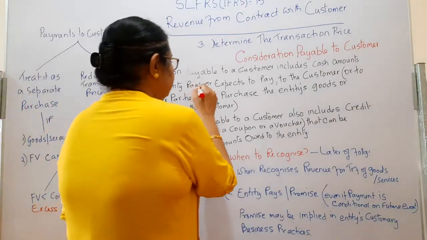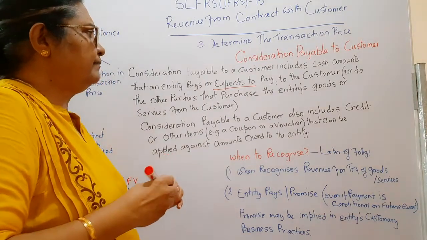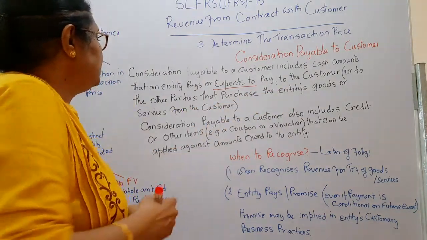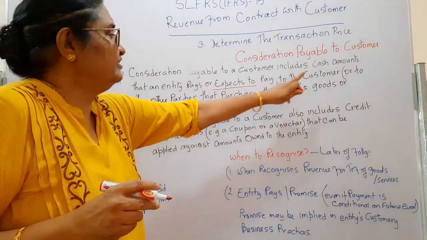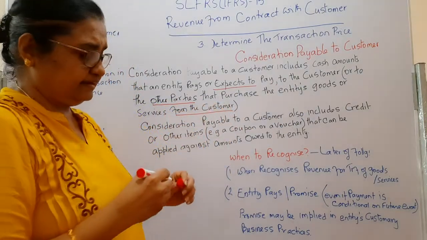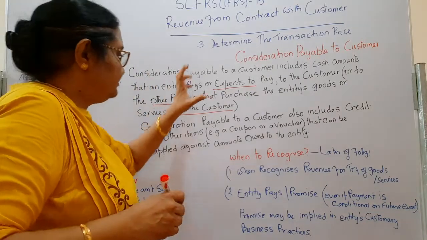When he decides or is thinking of payment, it becomes a payment to the customer or to other parties that purchase the entity's goods or services from the customer. That is the end customer, or the customer's customer. So that is the consideration payable.